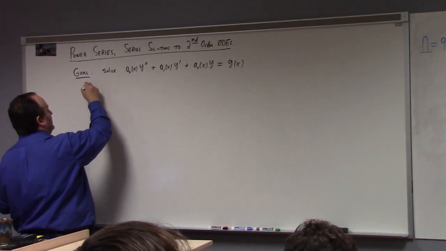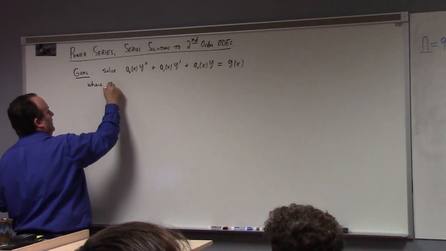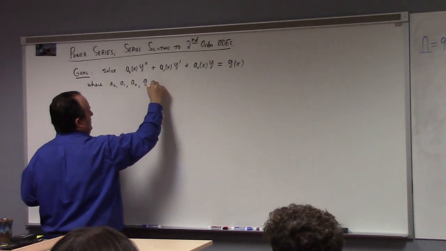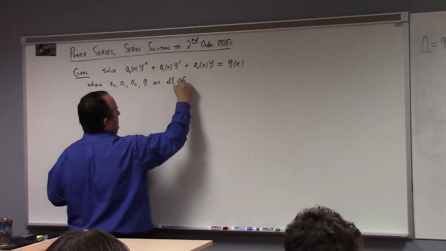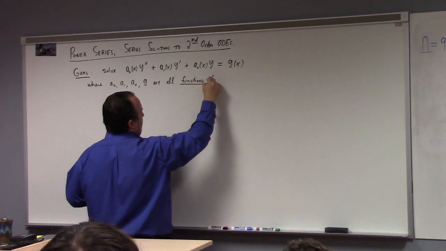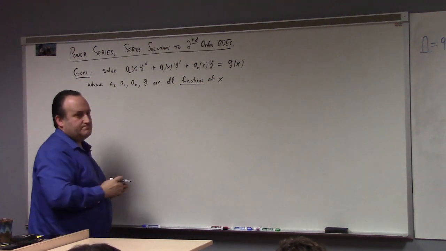So here, A2, A1, A0, and g are all functions of x, generally speaking.